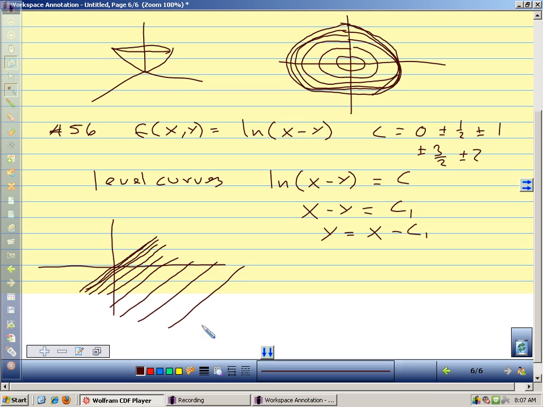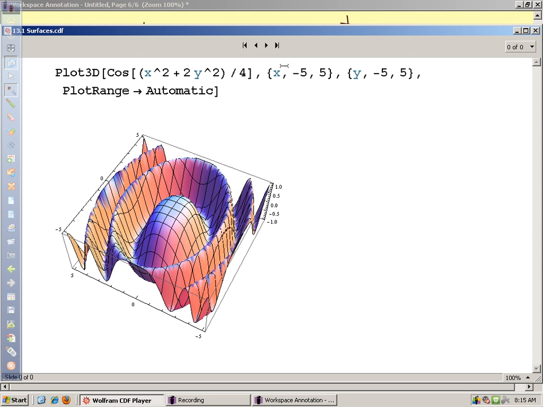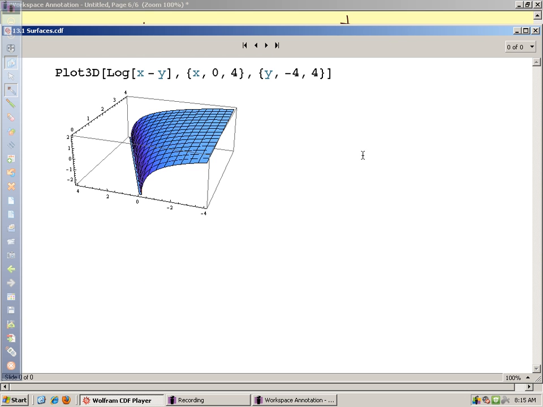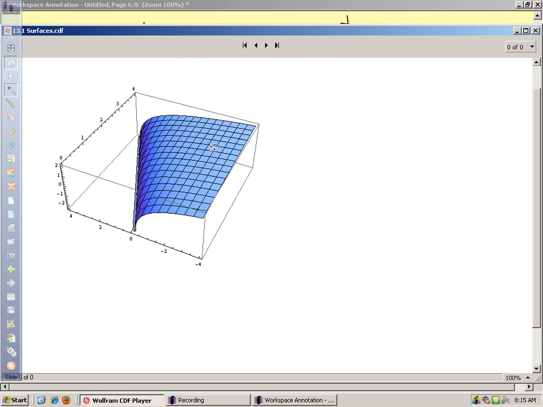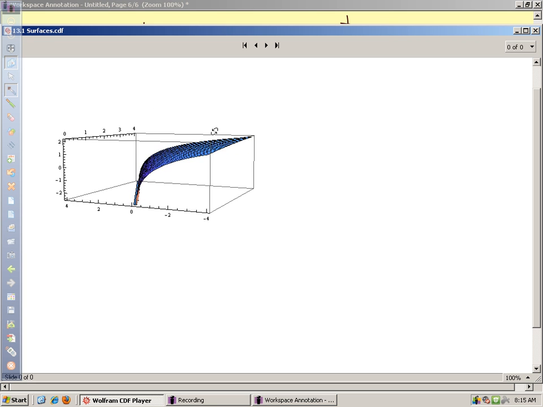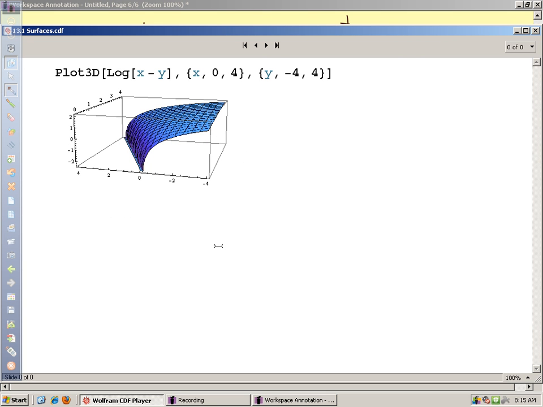Anybody have an idea? Danny says this, because it's really steep here and it's less steep out here. So let's take a look. So there's our surface.